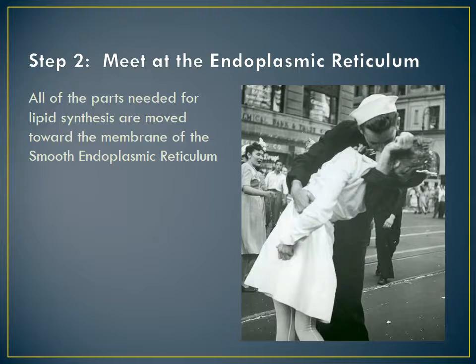That vesicle will move along what component of the cytoskeleton? The microtubules. But it's not going to move all by itself on the microtubules. It needs something else to move it from point A to point B. It'll use motor proteins to do that. So you're moving these vesicles filled with these parts to the smooth endoplasmic reticulum, where you're going to build it.